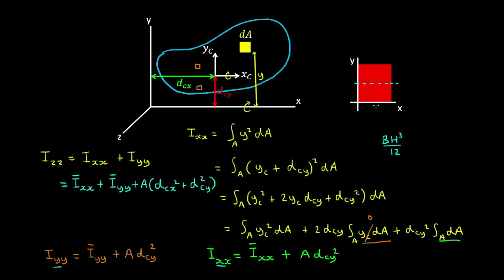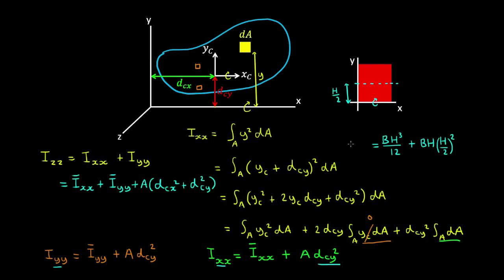And suppose we want to find the second moment of area about this x-axis. Well, the distance between the centroid and this axis is the height of the section on 2, and the area of the section is the width times the height. So using the parallel axis theorem, dcy squared is h on 2 squared.